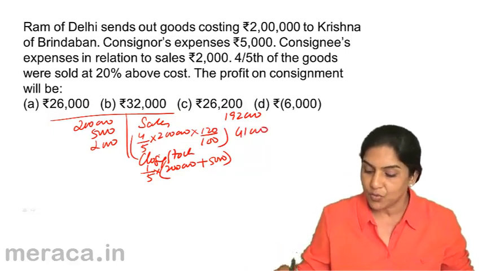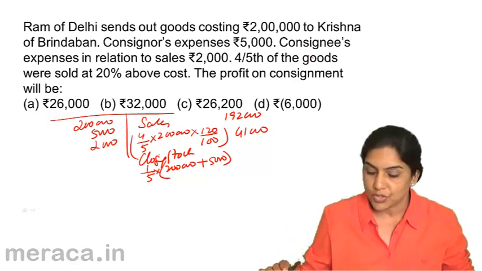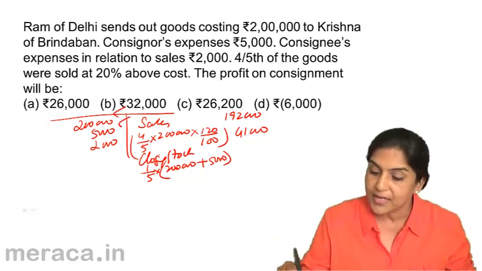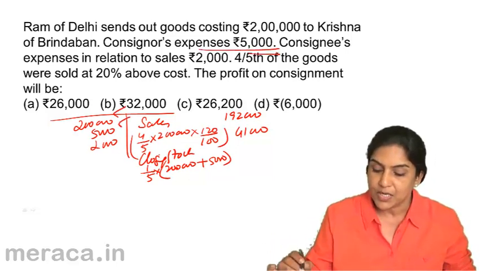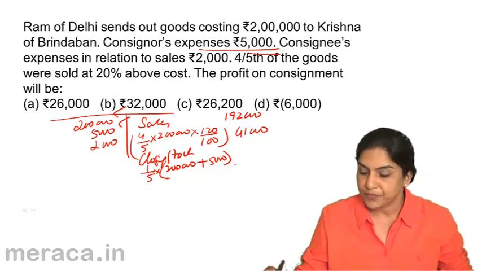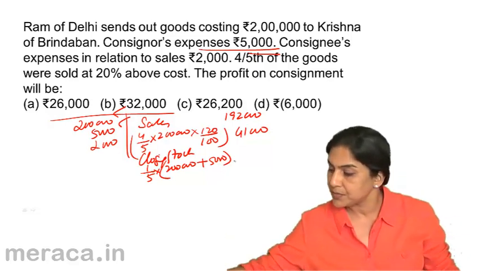I hope this is clear. 4/5 is sold, so 1/5 is closing stock. What is the cost of the closing stock? It is the cost of the goods and the consignor's expenses. So it is 1/5 of 2 lakh plus 5,000, giving us 40,000 plus 1,000, right? 41,000.